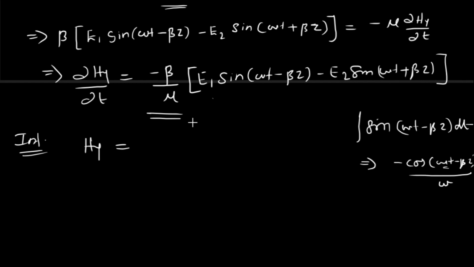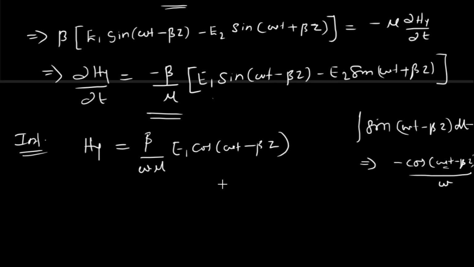So substituting this, minus and minus becomes plus here. So the first term becomes beta divided by omega mu times E1 cos(omega t minus beta z).